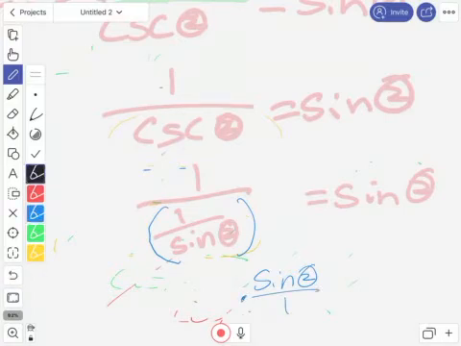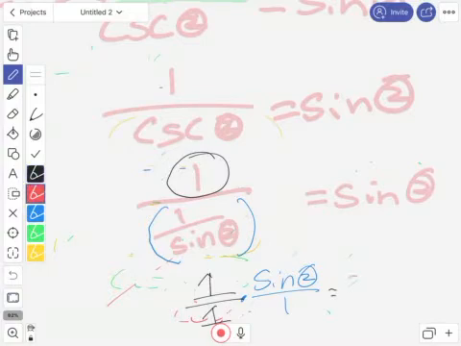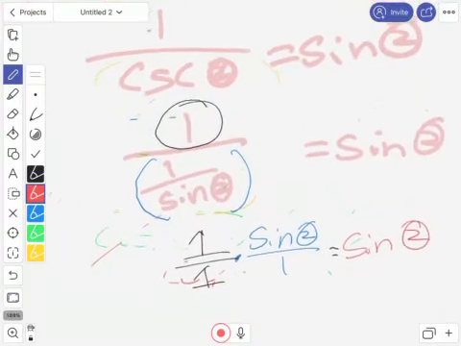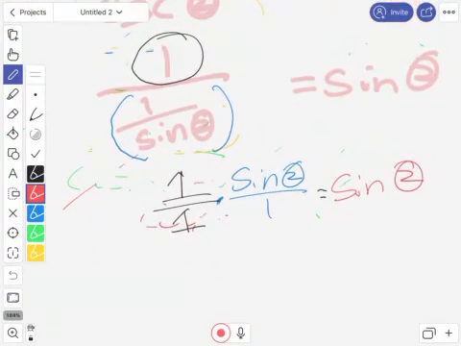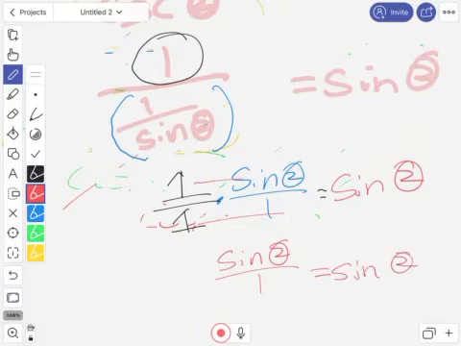And then the top numerator, I'm just going to rewrite that here. And then this is going to be pretty simple to simplify. Just multiply across. 1 times sine of theta is sine of theta. 1 times 1 is just 1. And then we're pretty much done. Just rewriting the same thing. Sine of theta equals sine of theta.